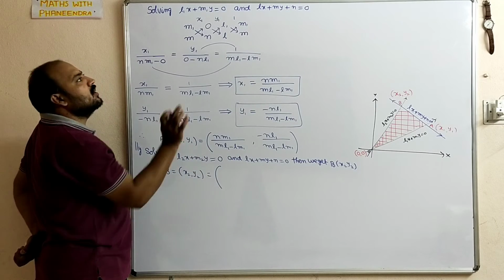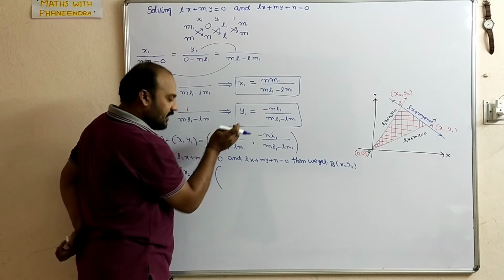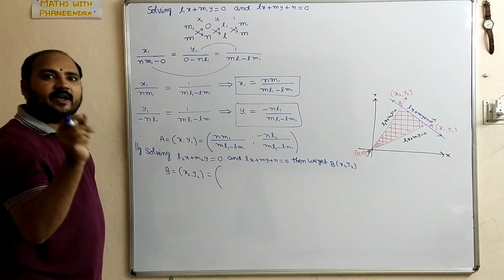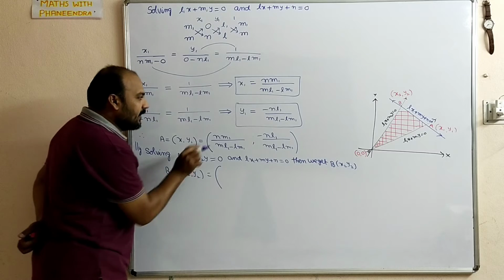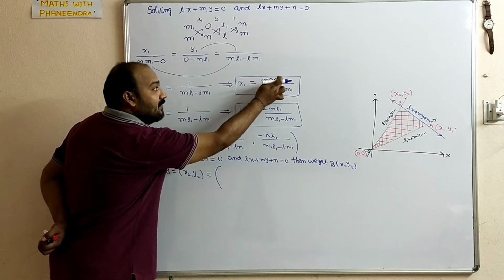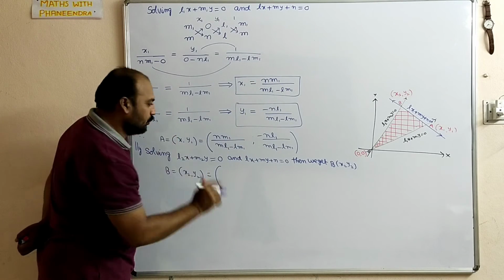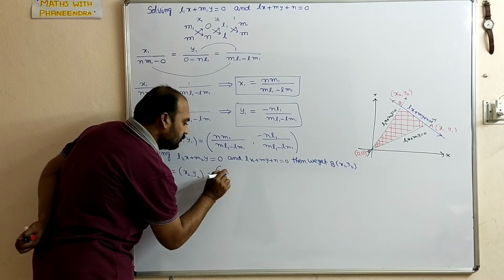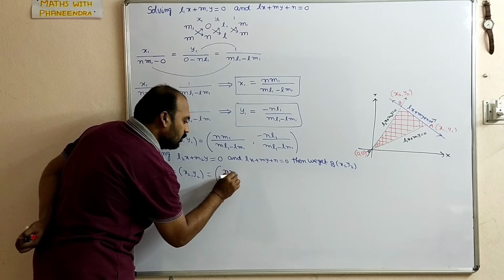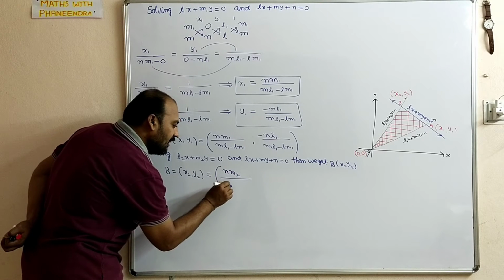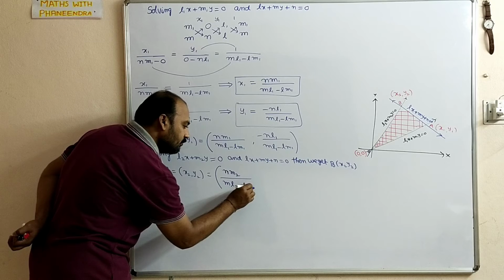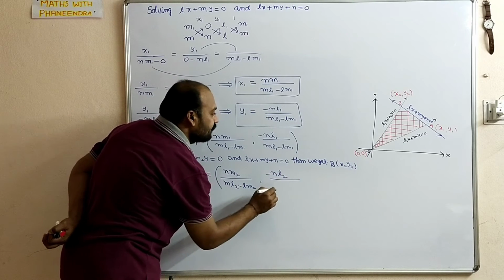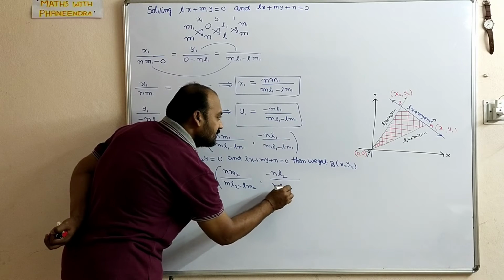L2 M2 only. So wherever x1 y1 is there, x2 y2 you have to write it. Wherever m1 l1 is there, you have to write m2 l2. So x2 value will become nm2 divided by ml2 minus lm2, comma, minus nl2 divided by ml2 minus lm2.